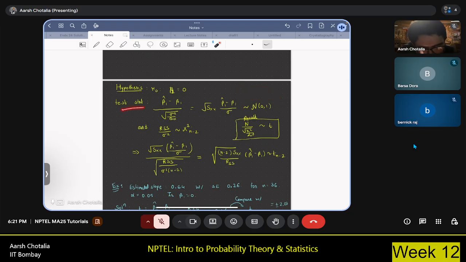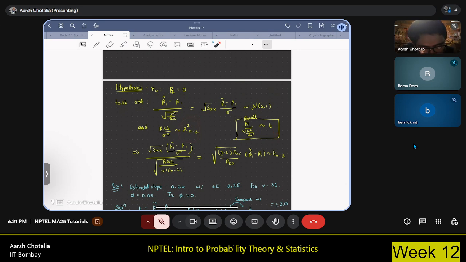In that case, the test statistic is this beta 1 cap minus beta 1 divided by square root of sigma square by Sxx, and that would follow a standard normal distribution. But sigma square is not known, so we use another fact that RSS over sigma square follows a chi-square distribution. And then we know that normal divided by square root of chi-square follows a t distribution.